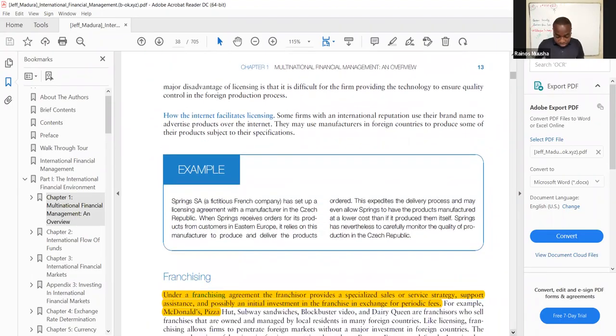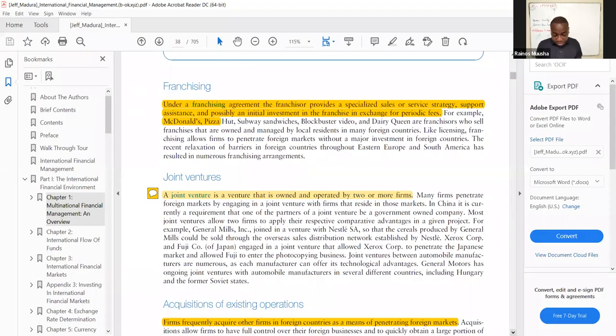The next one is franchising. Here they say, under a franchising agreement, the franchisor provides a specialized sales or service strategy, support assistance, and possibly an initial investment in the franchise in exchange for periodic fees.